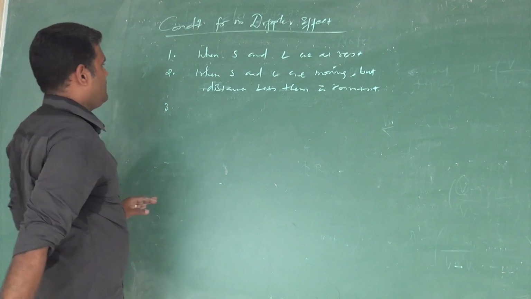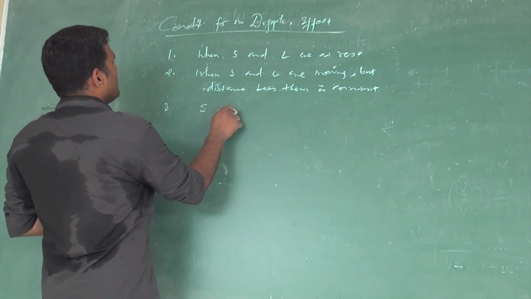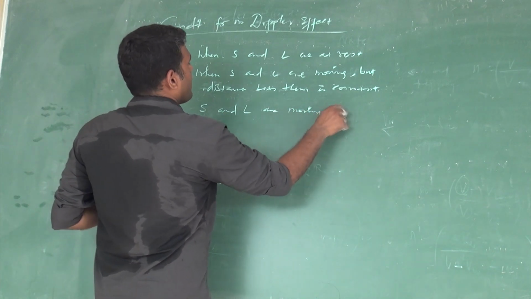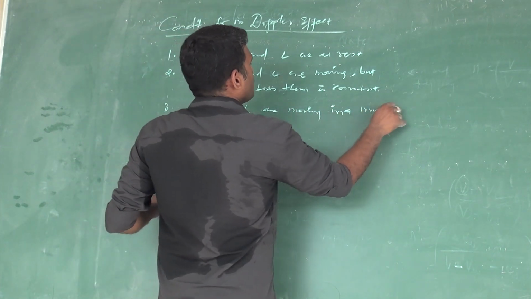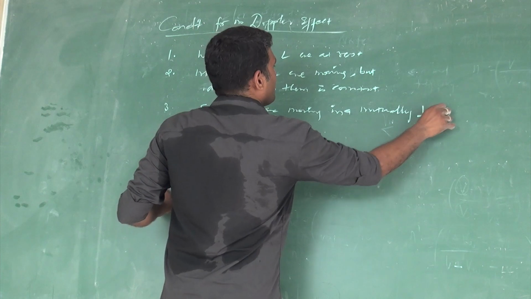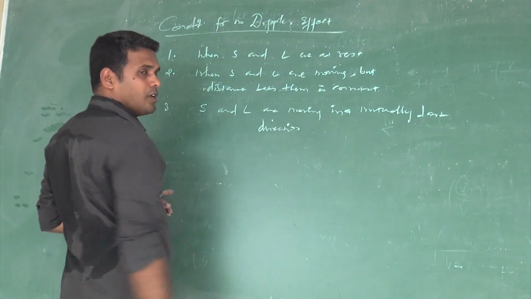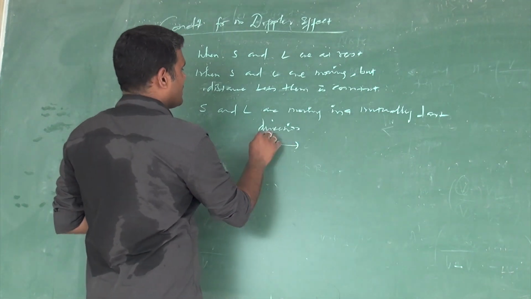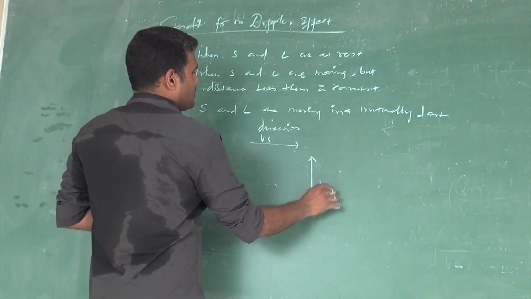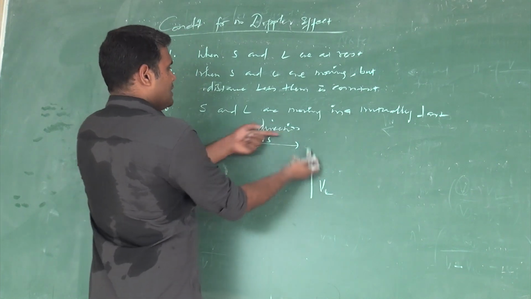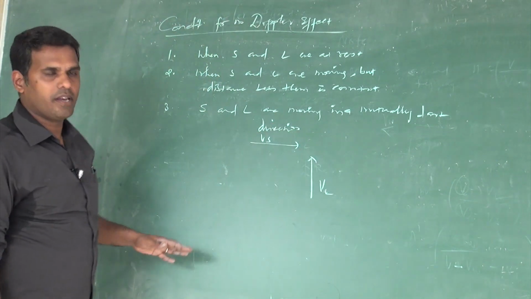And the third one, when the source and the listener are moving in a mutually perpendicular direction. Source is moving along this direction, observer, or listener, is moving in a mutually perpendicular direction. In this particular case, there will be no Doppler effect.